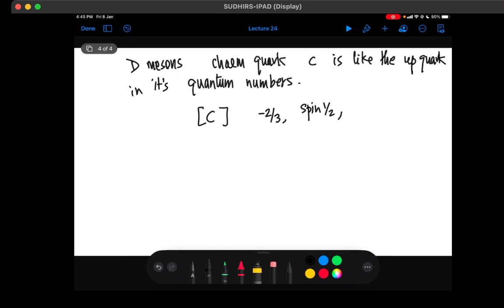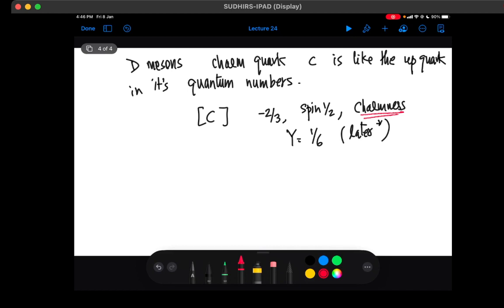Its flavor is called charmness, and later on we will see the hypercharge is the same as the hypercharge of the up quark, which is essentially 1/6, but we'll discuss this later. So the charm quark has almost the same quantum numbers as the up quark, except for the charmness.